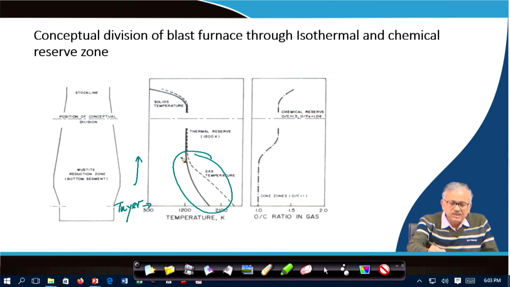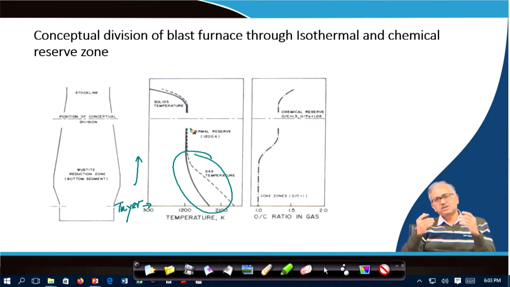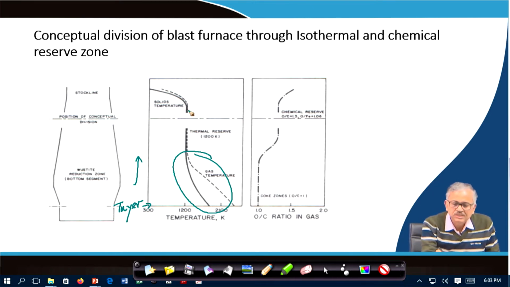After that, in this zone the temperature difference between the gas and solid is not that much. As a result, no significant heat exchange takes place, and in this region the temperature is almost constant.